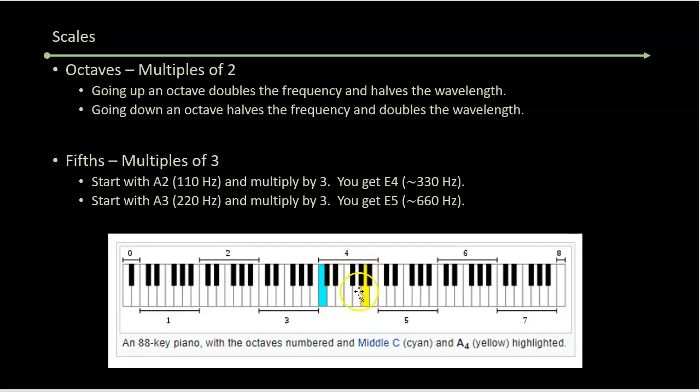Now, on a standard scale, when you go from C1 to C2, you're doubling the frequency. C2 to C3, you're doubling the frequency. C3 to C4, you're doubling the frequency. When you go down, you're cutting it in half. And so our ear hears a doubling of the frequency as a change by an octave.